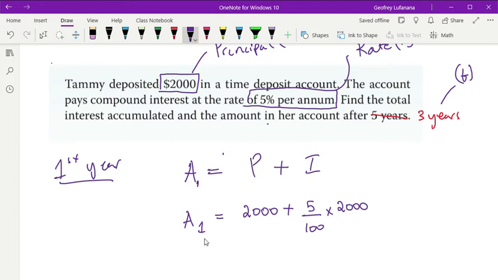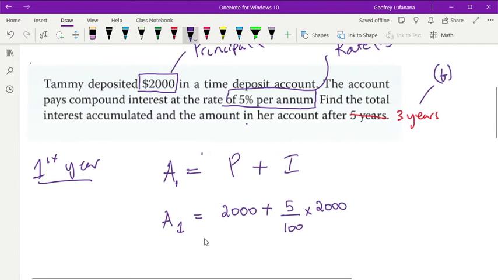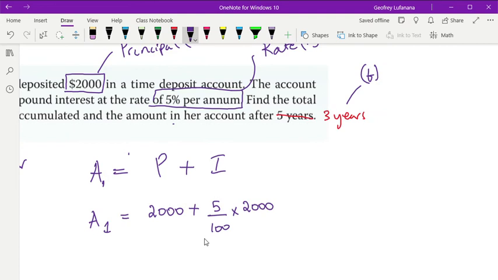Now, because my target is to also get a formula, I'm going to work with this concurrently. So my amount in the first year would be principal plus interest, which is R times principal.